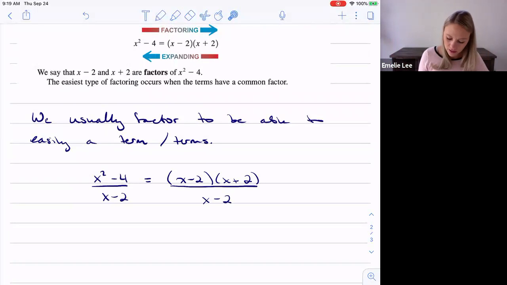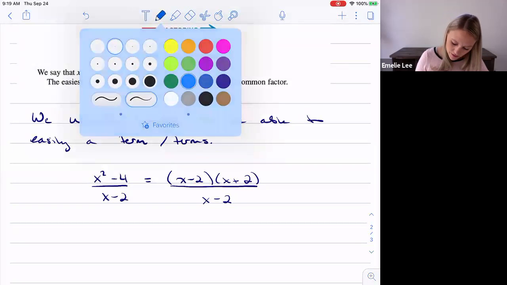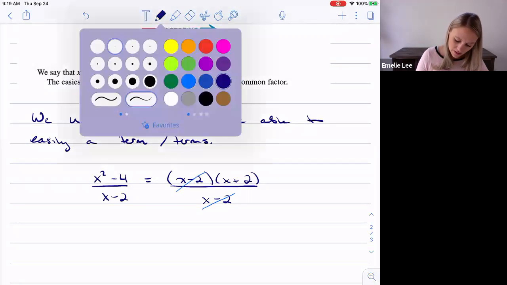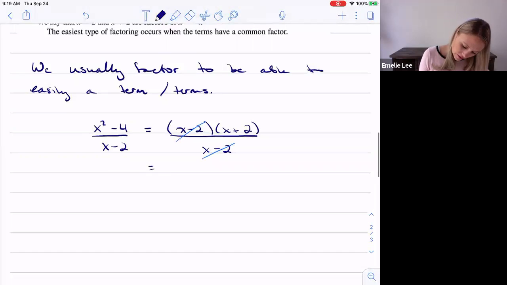So now I am allowed to cancel this because the x minus 2 is multiplying all of these terms. That's the only time that I'm allowed to cancel. So now I can cancel this with this. So the answer is going to be x plus 2.